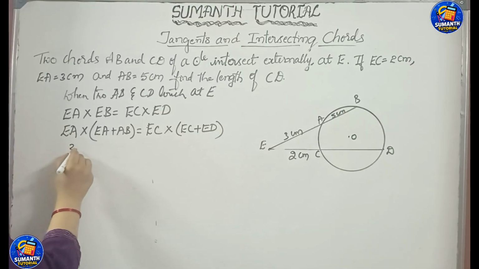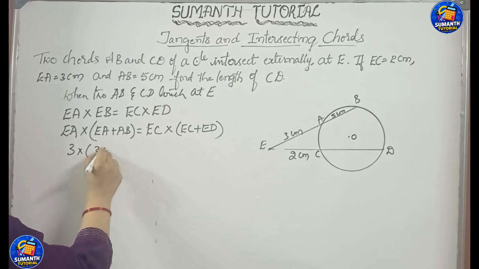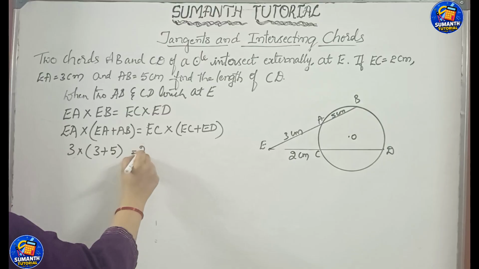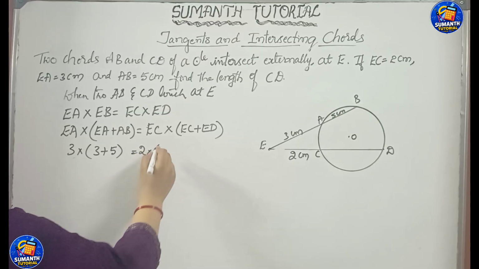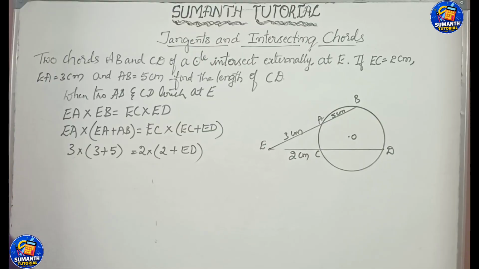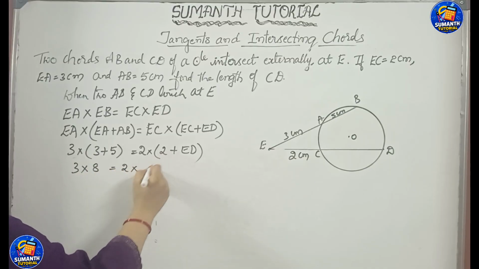It is 3, into EA is 3 plus AB is 5. It is equal to 2, into EC is 2 plus ED. Are you understanding this concept? Now, 3 into, what is 3 plus 5? It is 8, is equal to 2 into, what is 2?